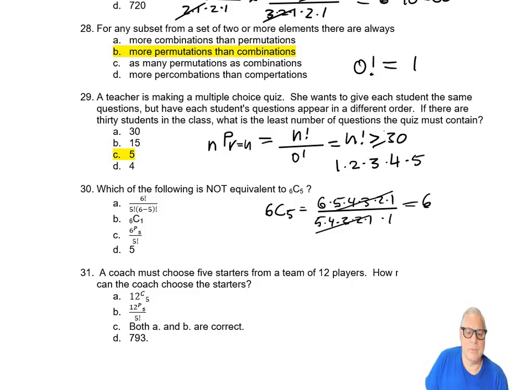What about this one here? What is from 6 choose 1? Well, that's 6. How many ways are there to choose 1 from 6?